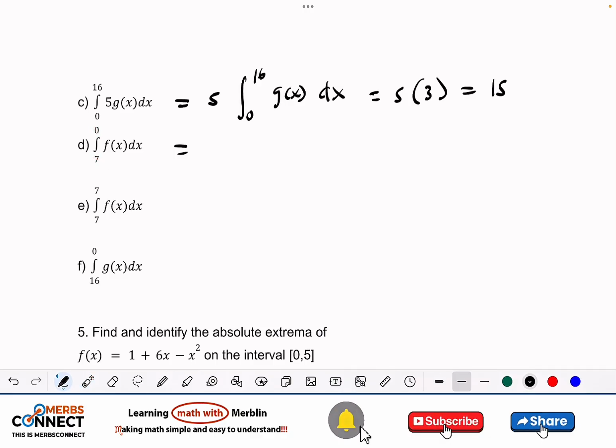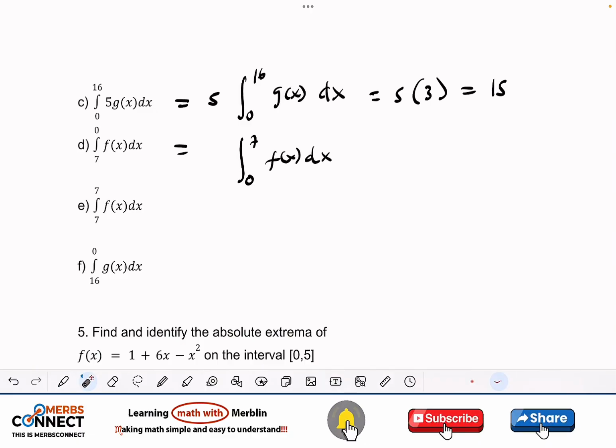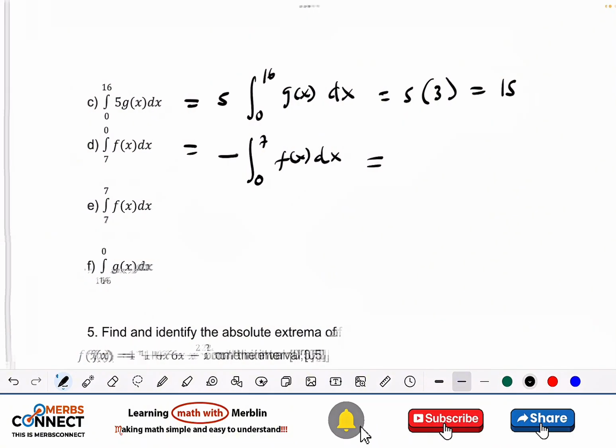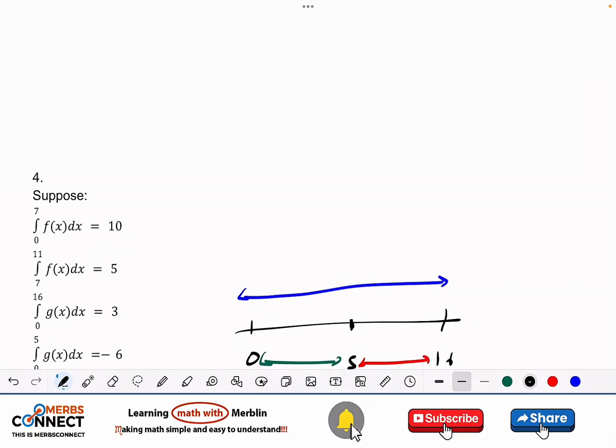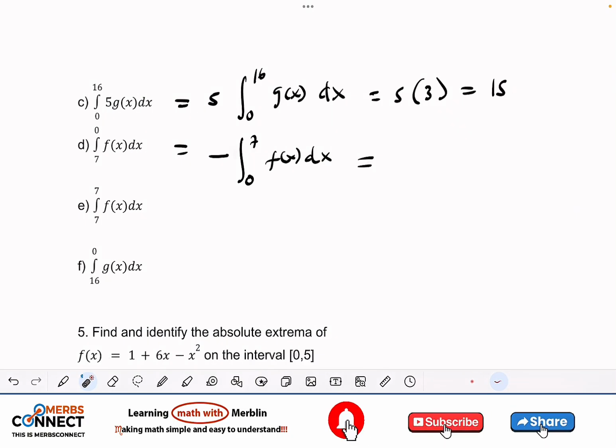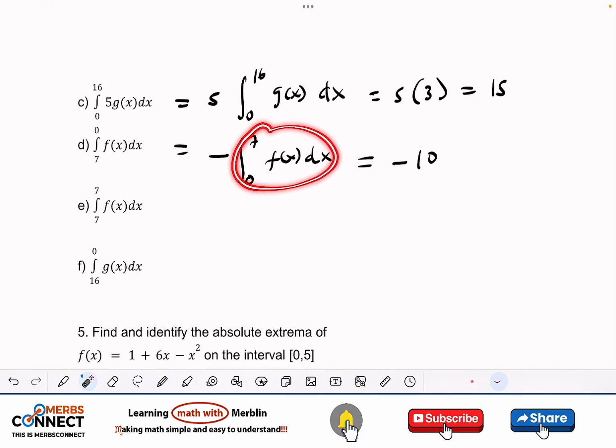Instead of using this, I'm going to write this one as the same thing with the limits interchanged. You see what I did? I brought the 0 down and I brought the 7 up. And when I do that, I need to negate it. So I need to have the negative of that. Now let's go to the information given to us. 0 to 7 is 10. So when I do that, I'm going to have minus 10, because this is 10 from the information given.